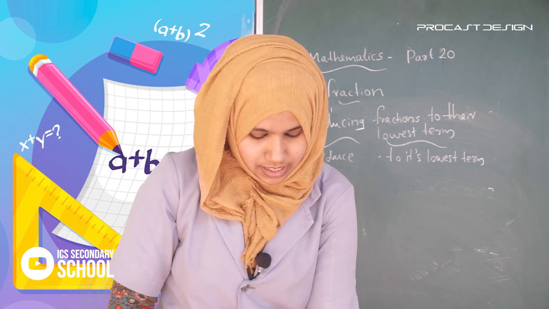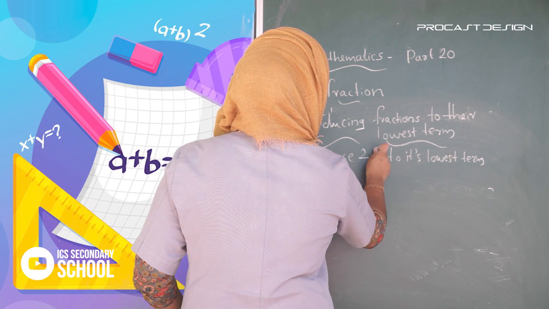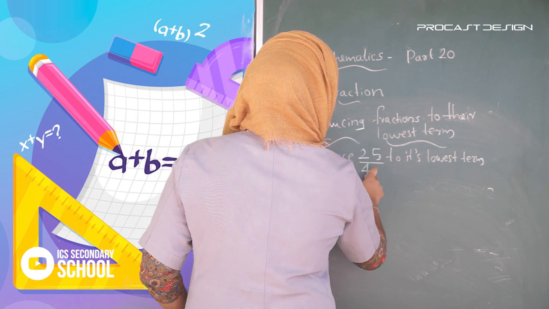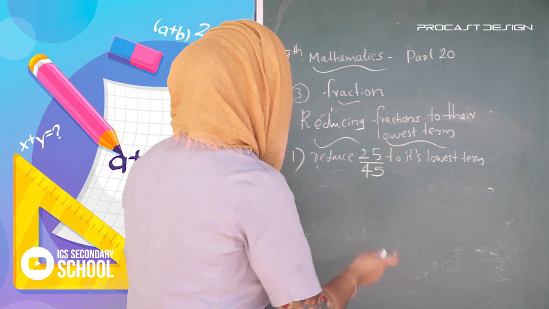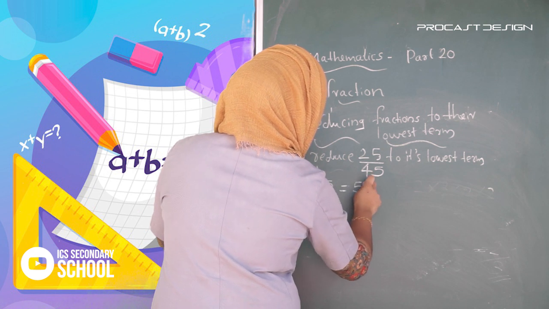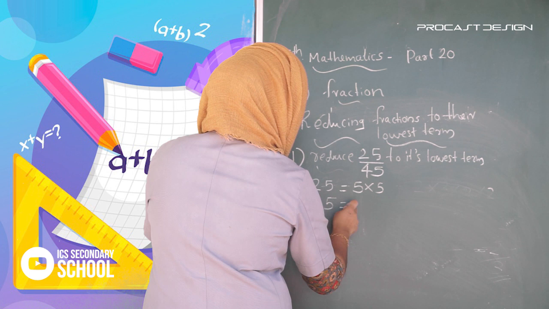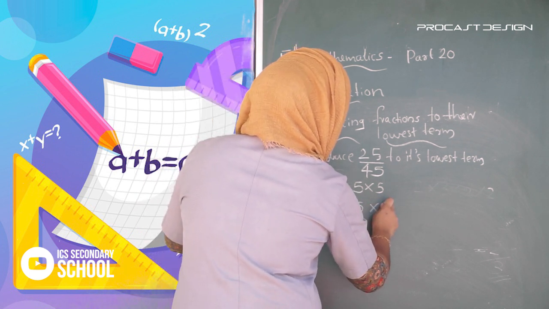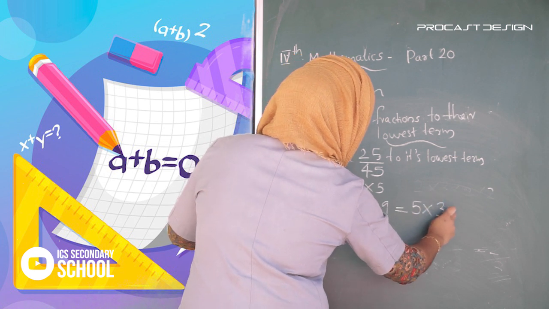Next question is reduce 25 by 45 to its lowest term. The same method: 25 we can write as 5 into 5. 45 we can write as 5 into 9. 9 is not a prime number, so 3 into 3.